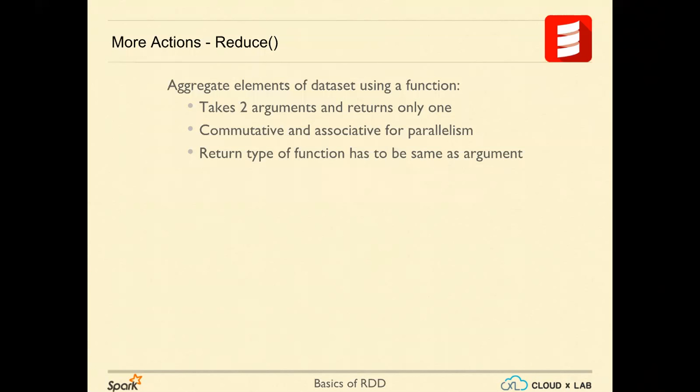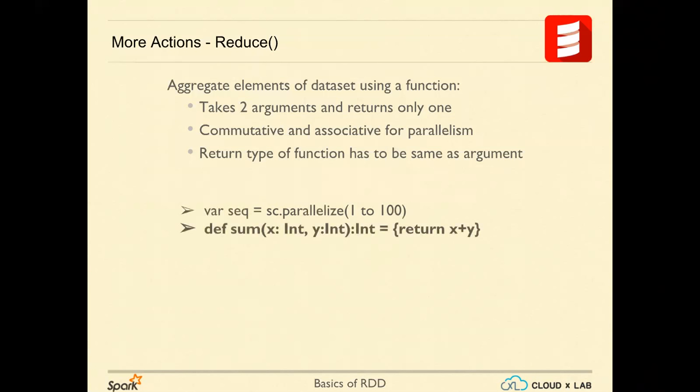How does it combine all the records? We're going to talk about that now. Imagine that we have an RDD created from an in-memory array using parallelize. Now, let's say we have a function called sum. Sum returns the addition of the two. Now, we could say sequence dot reduce and pass the function sum as argument, and then we will get the results here.